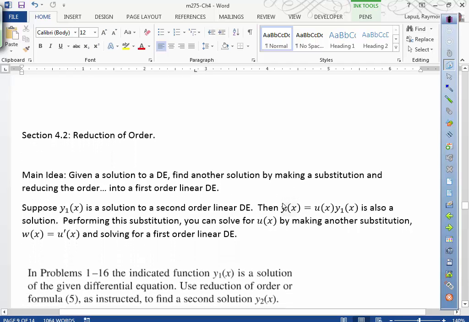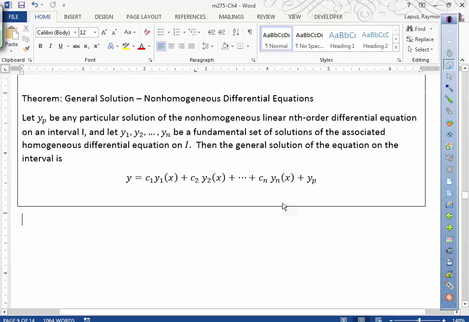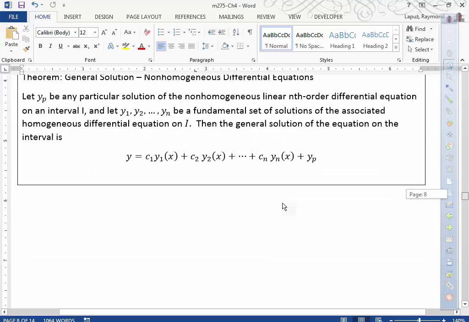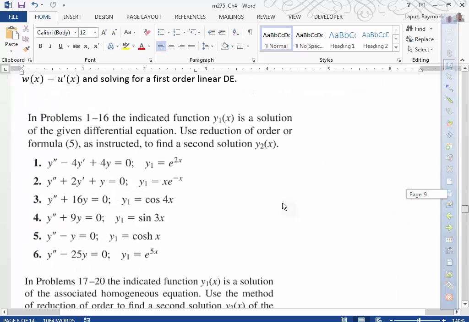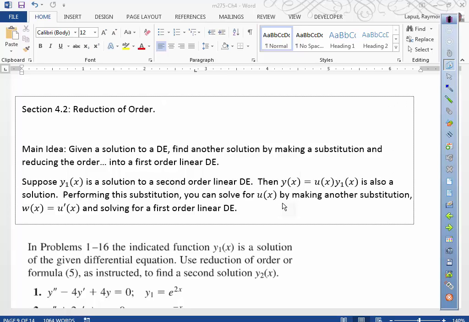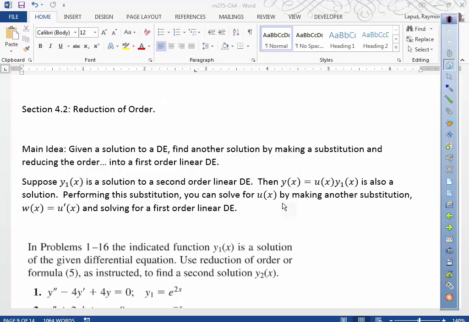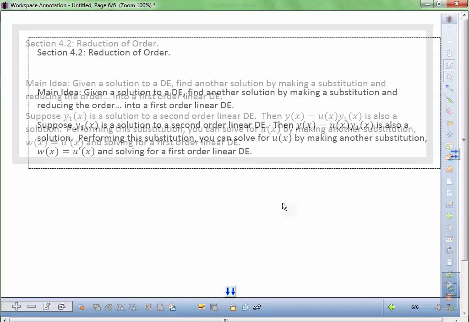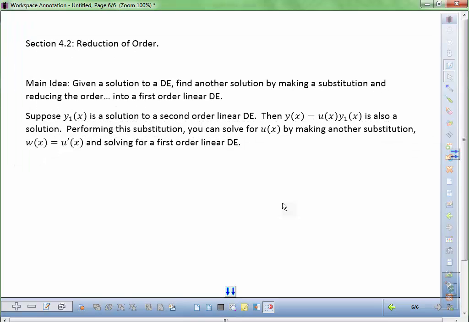I'm confused about the reduction of order thing, because wasn't that sort of what we were calling when we were doing this substitution for f of ax plus bx something? No, when we were doing a substitution for the first order, all we're doing is shifting the variables from a y of x to a u of x or v of x or something.